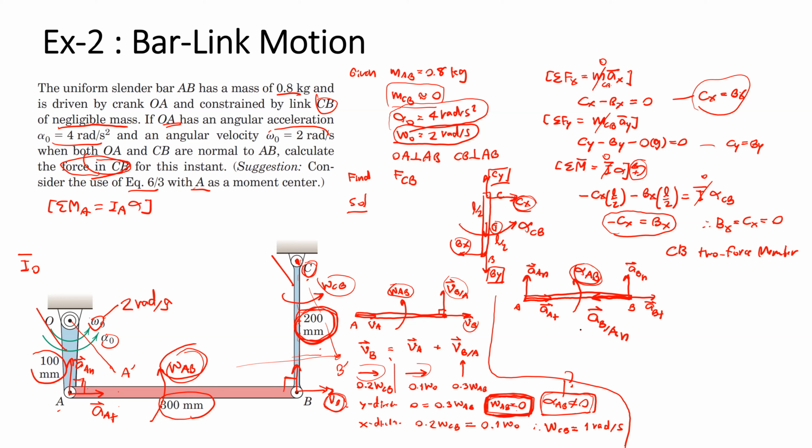If we have omega, it will create the relative acceleration of point B with respect to A in the normal direction. If we have alpha, we will have the relative acceleration of B with respect to A in the tangent direction.